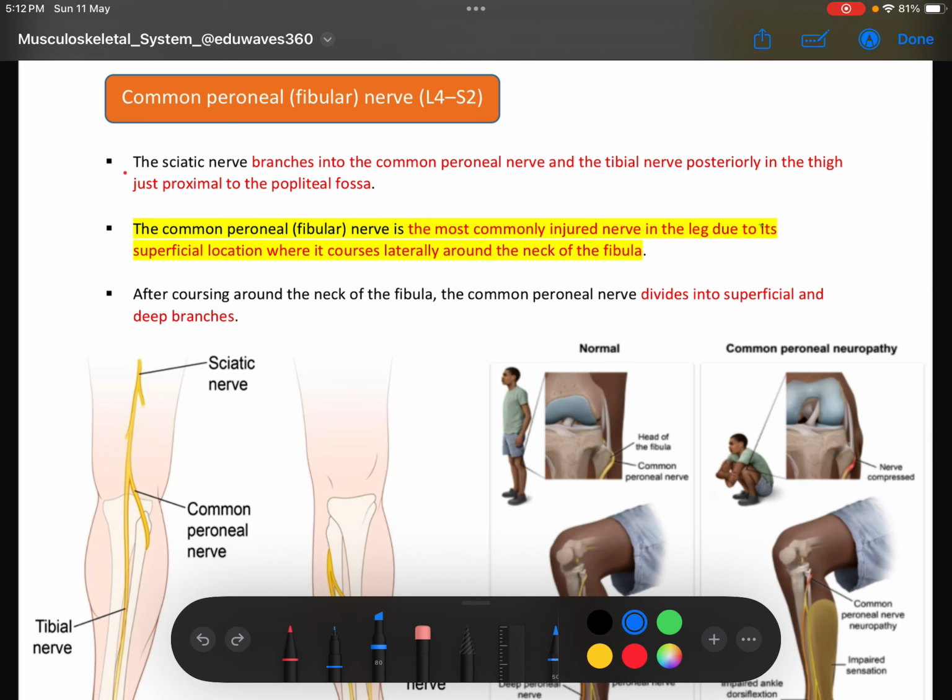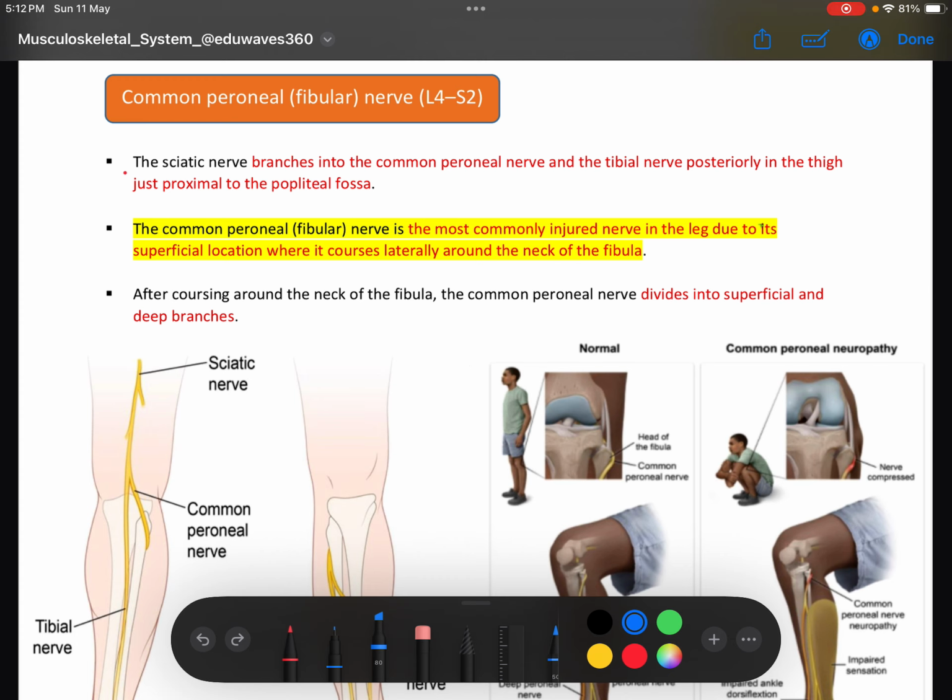We discussed motor, sensory, injury, and the clinical features the patient will present with. We also discussed the genitofemoral nerve, lateral femoral cutaneous nerve, femoral nerve, obturator nerve and some of the sacral plexus. Okay, so these are the things we already discussed.